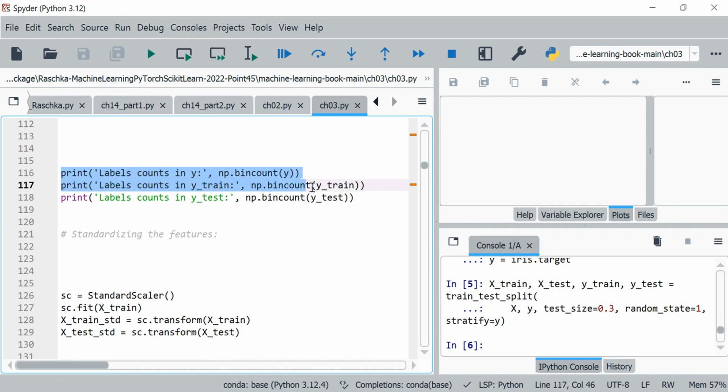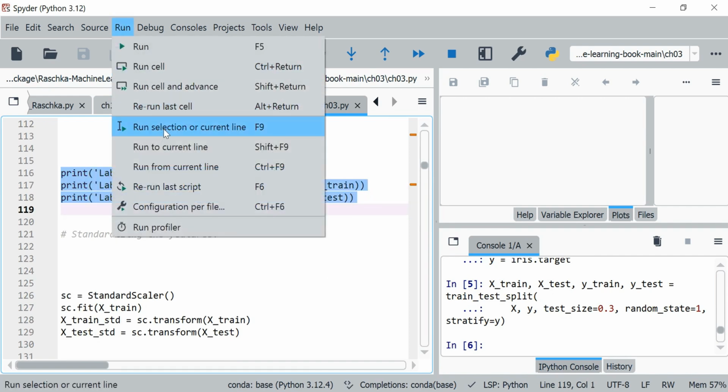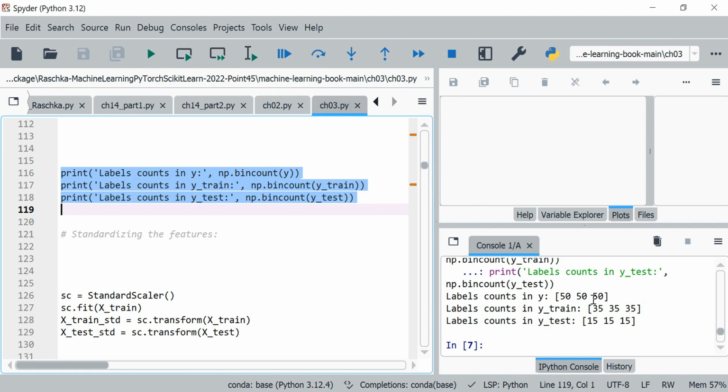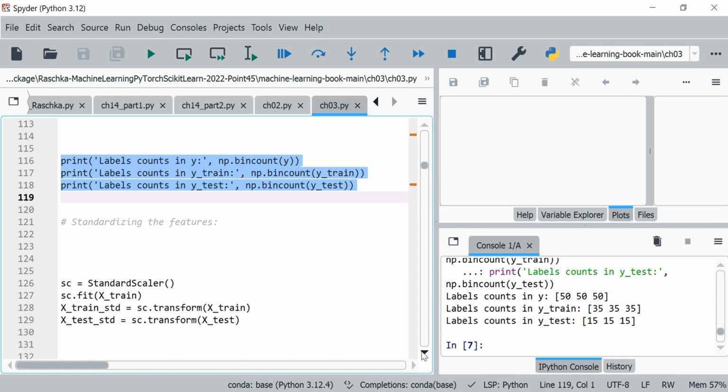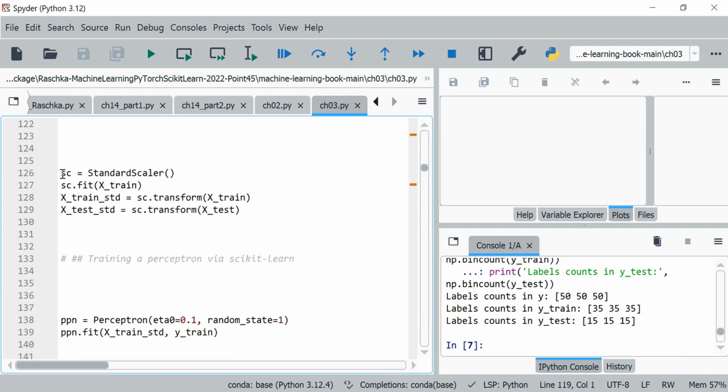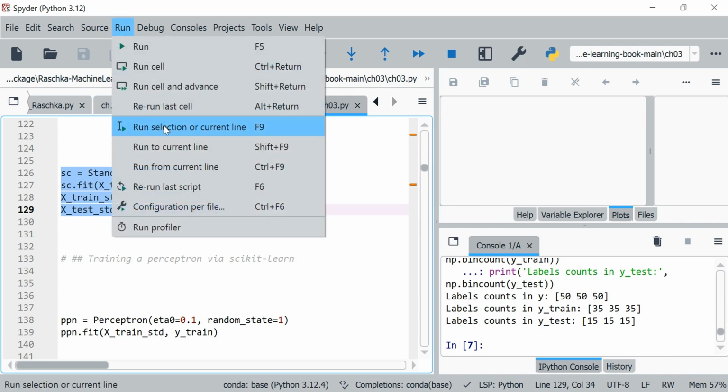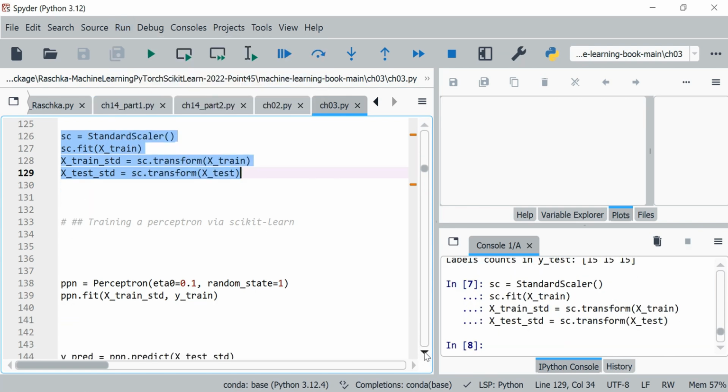Then we can print the counts: the original data has 3 classes, each with 50. Then in the training set 35 each, and the test set 15 each. Perfect. Then we use the standard scaler function for the training and testing set, so they have the same scale now.